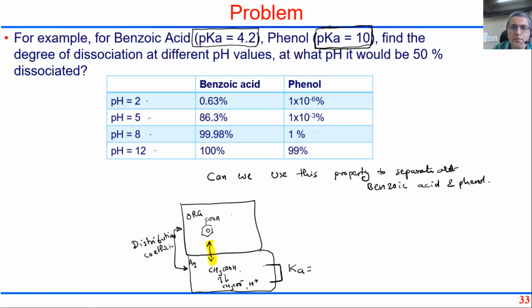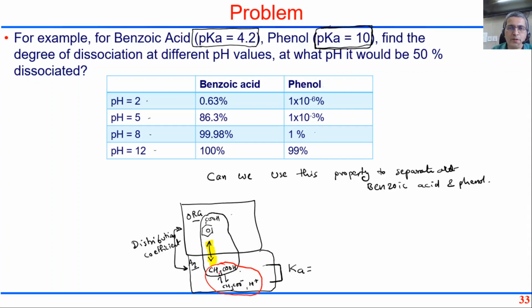There are two equilibria: one between the organic phase and the aqueous phase for the undissociated form of benzoic acid, and one in the aqueous phase for the dissociation of benzoic acid.